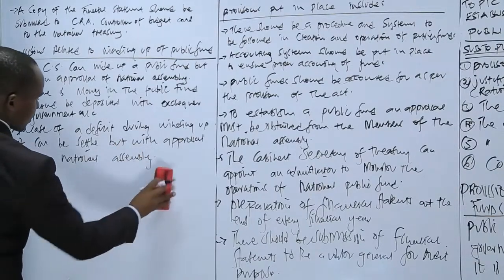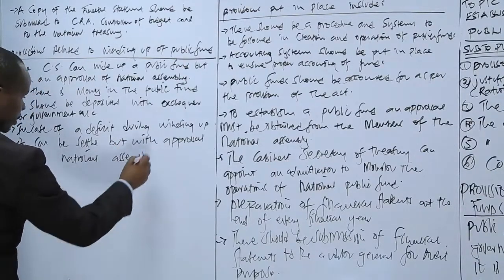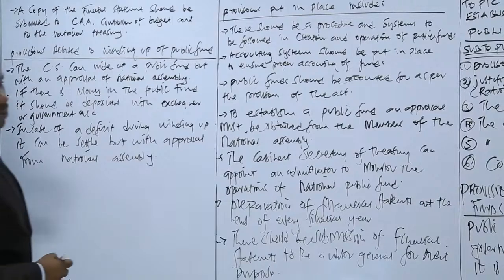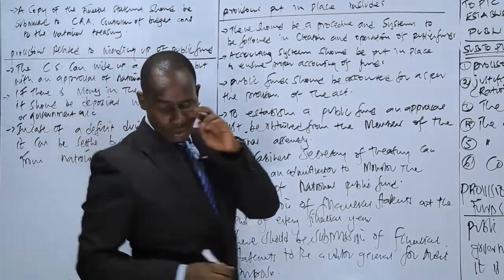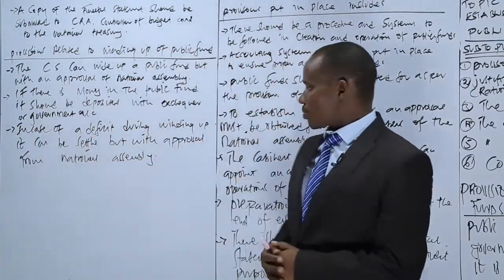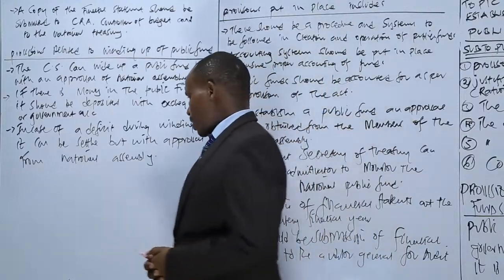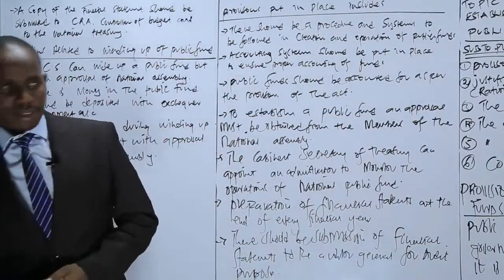From the National Assembly. You cannot take the public fund, you make the payment, and you have not obtained an approval from the members of the National Assembly.